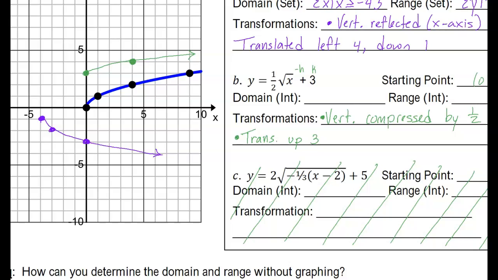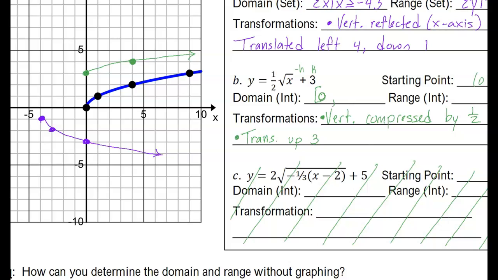Is it equal to 0? Do I actually have a point on 0? Yes, you do. So what do you put next to the 0? A parenthesis? No. That's a bracket. You put a bracket when it's equal to.